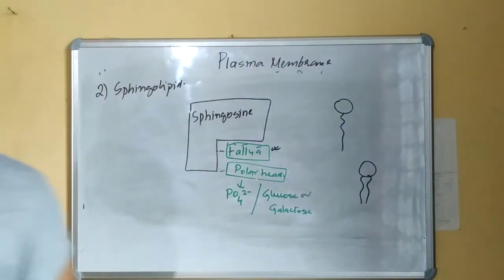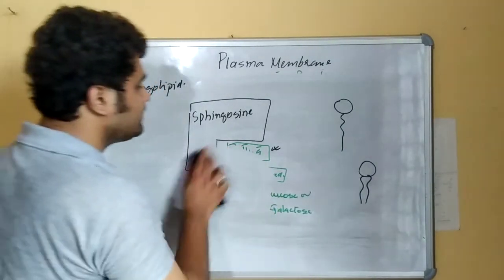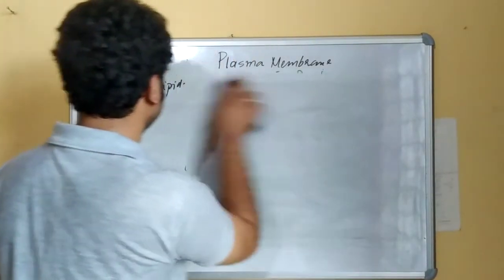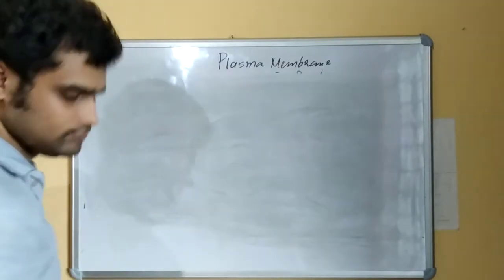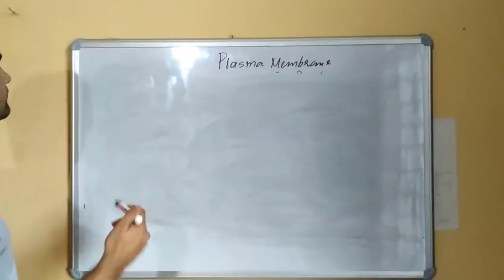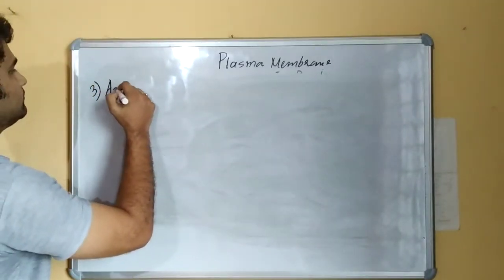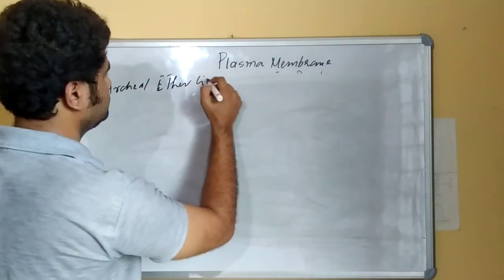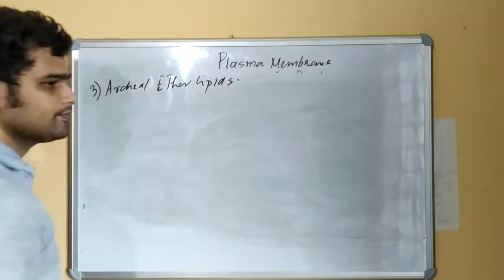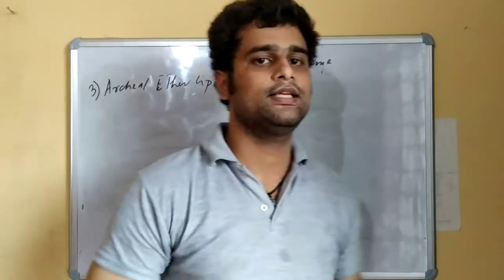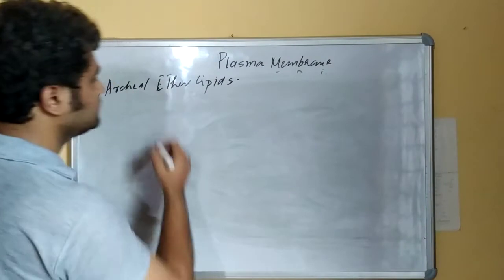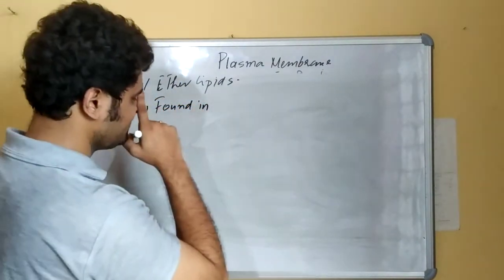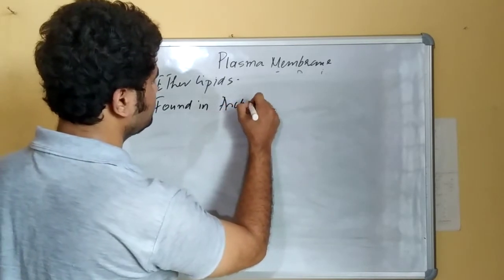Then we are going to discuss archaeal ether lipids. Basically they are found in, I'm just going to give you the information, that's it. They are found in archaebacteria.